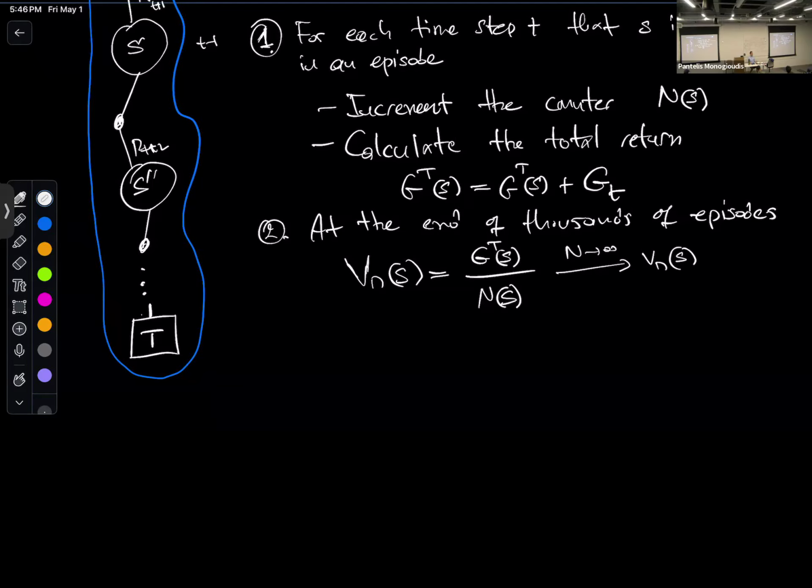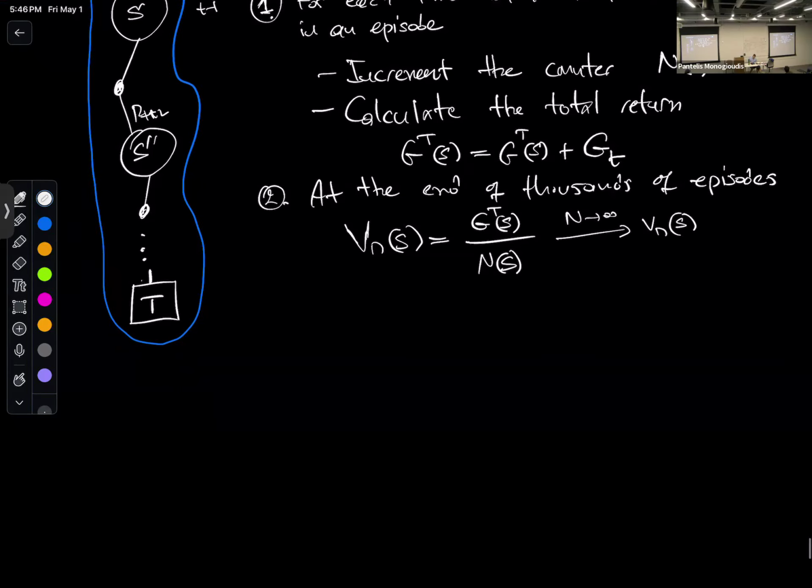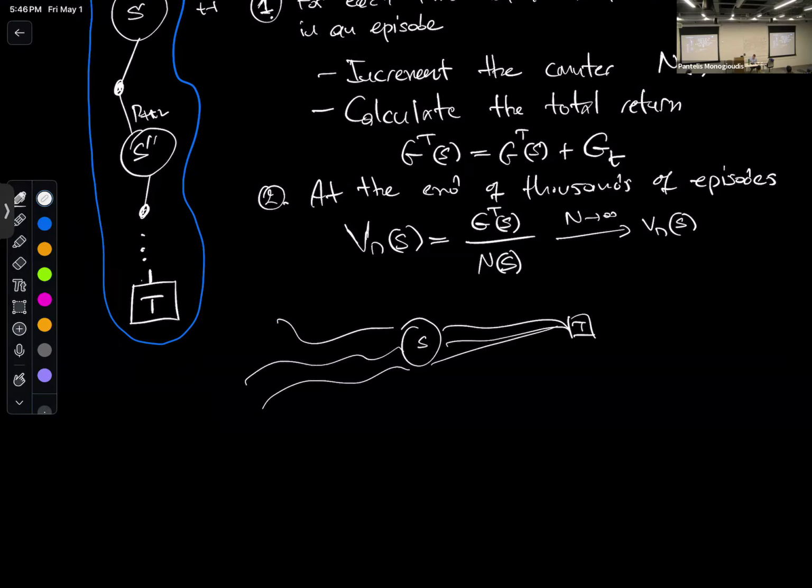Are you following what's happening? Effectively you have some state S, and this state S is being hit from thousands of trajectories that may start from different states, because of the stochasticity of the environment and the stochasticity of the policy.